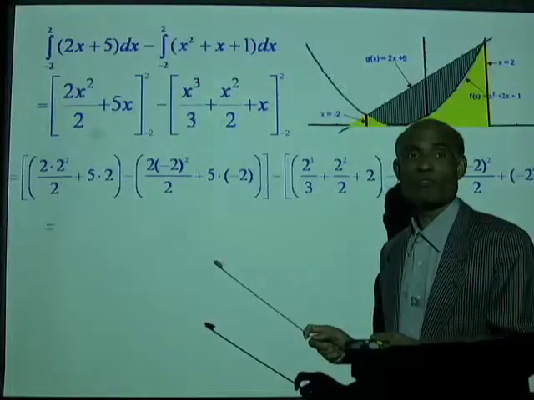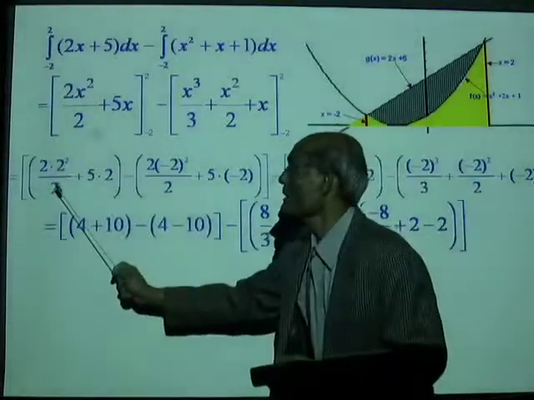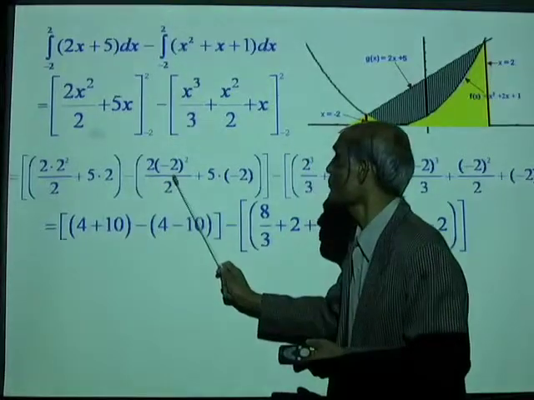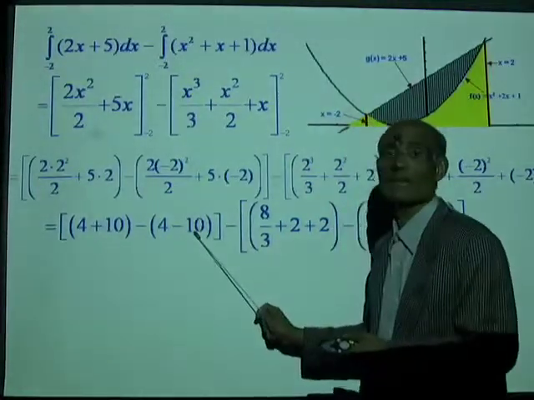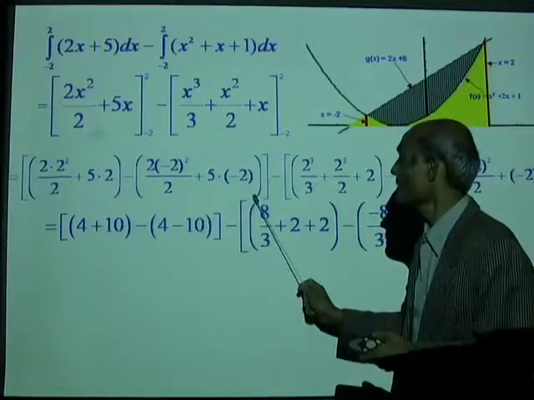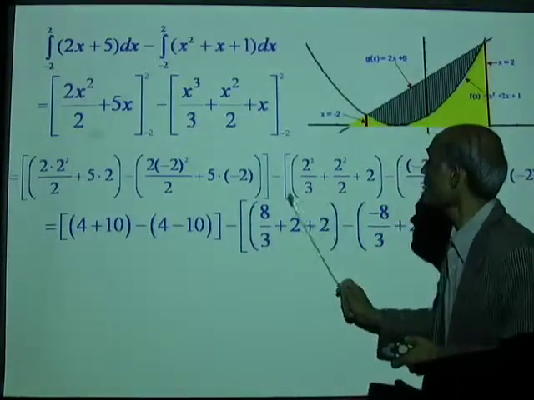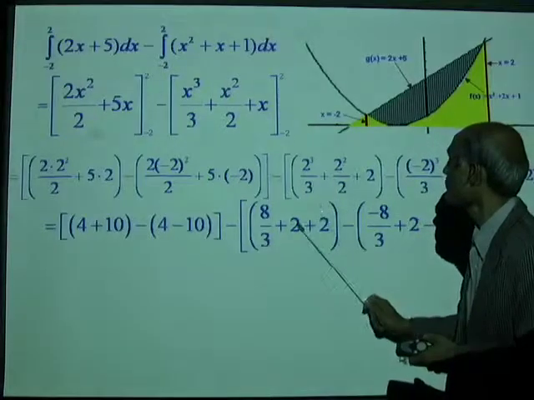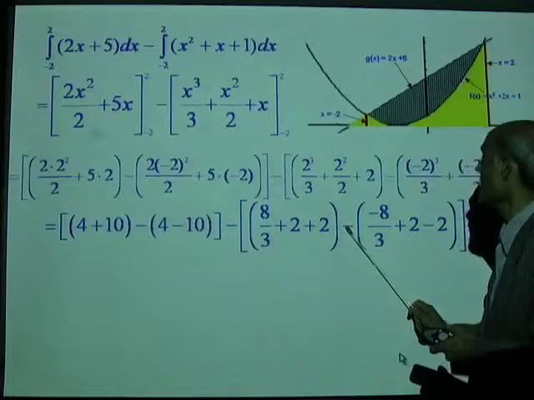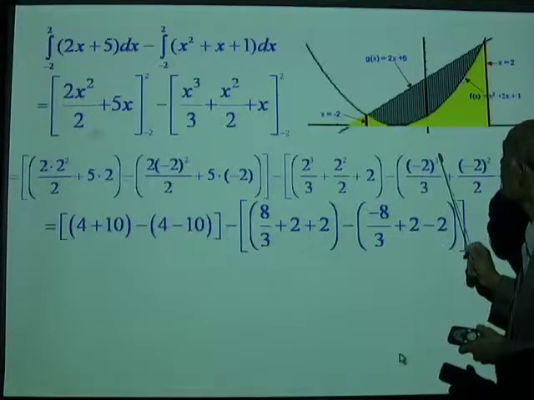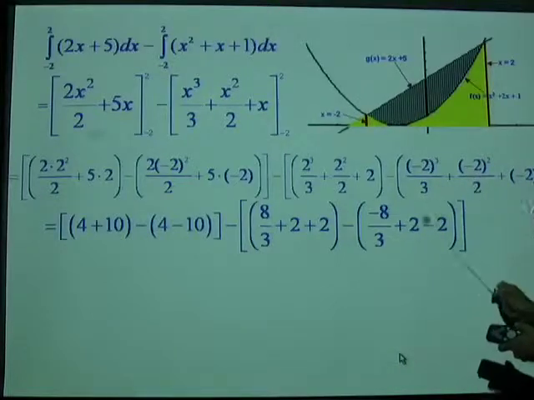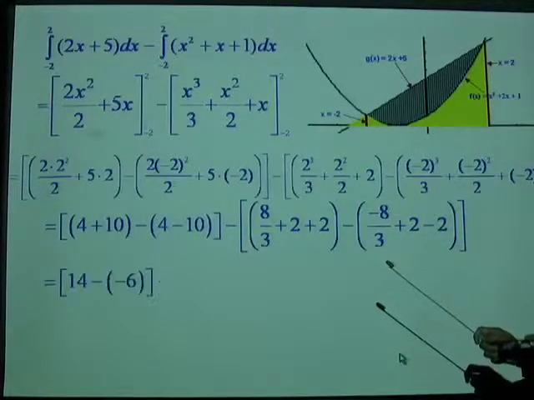Alright, now simplify this. That will be 4 plus 10 minus 4 minus 10. I don't think that will be a big problem for you. Minus, square bracket, 8 over 3 plus 2 plus 2. That's all right. Minus, negative 2 whole cube is negative 8 over 3 plus 2 minus 2.